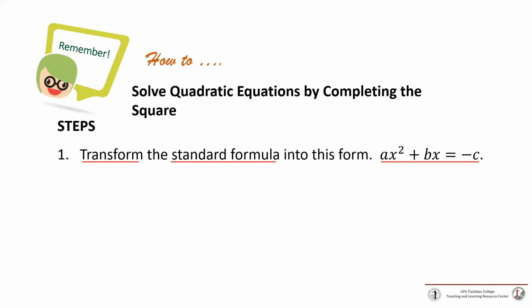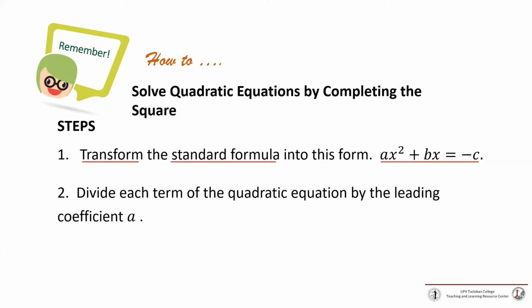If you have a quadratic equation, let's say ax squared plus bx plus c is equal to 0, then to apply the method of completing the square, all you need to do first is to transform the standard formula into this form. That is, rewriting the given equation into ax squared plus bx is equal to negative c.